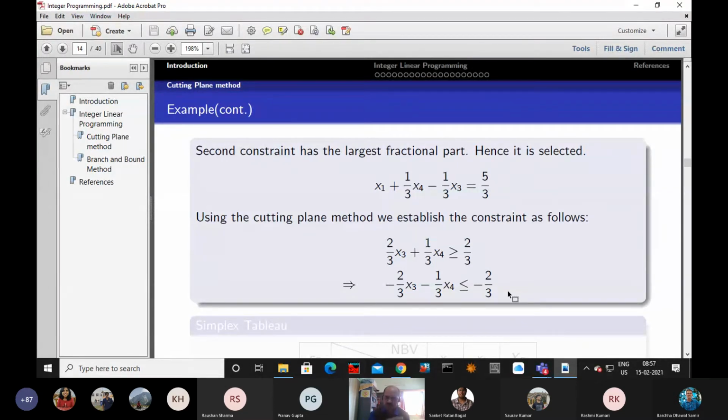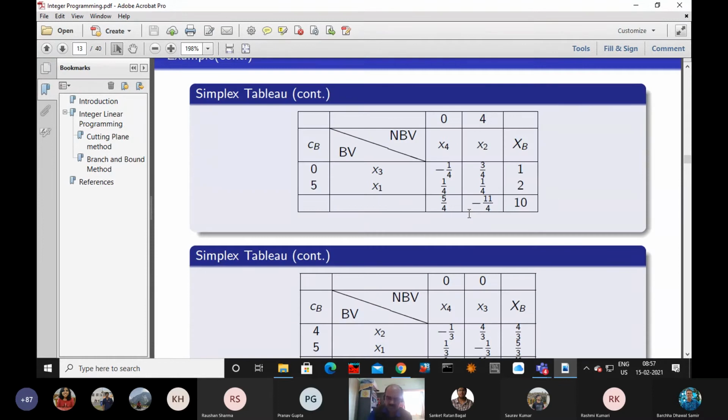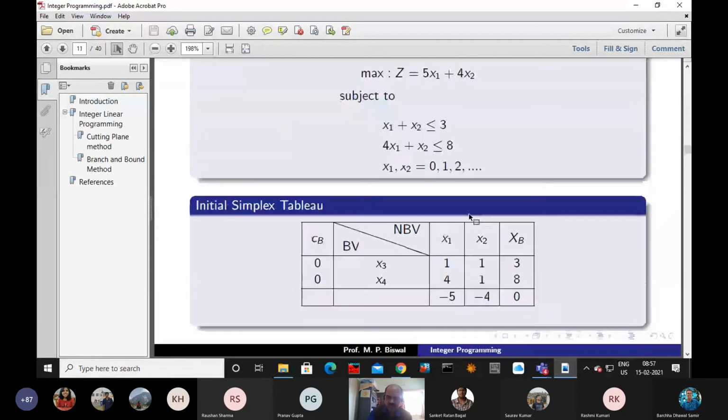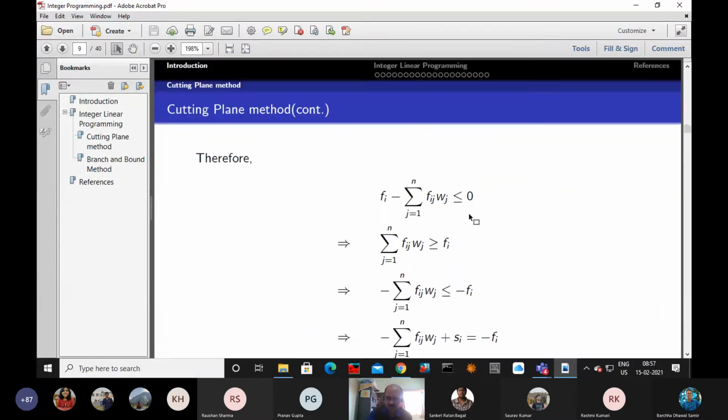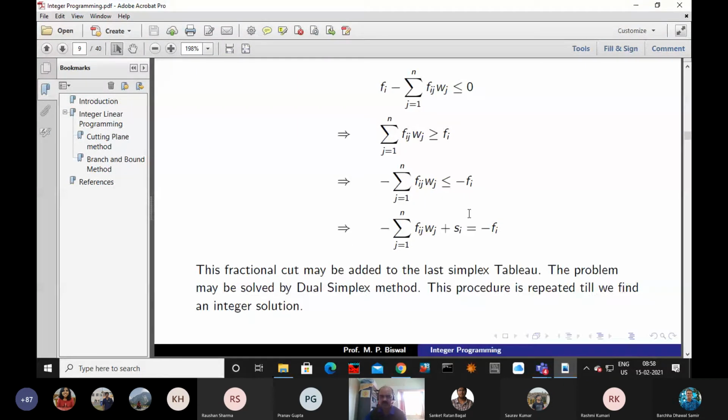Now, using the rule from earlier, how to write the fractional cut? The summation over j varies from 1 to n, Fij wj, greater than equal to Fi. We have to put it in this form. So it has to be greater than equal to Fi.